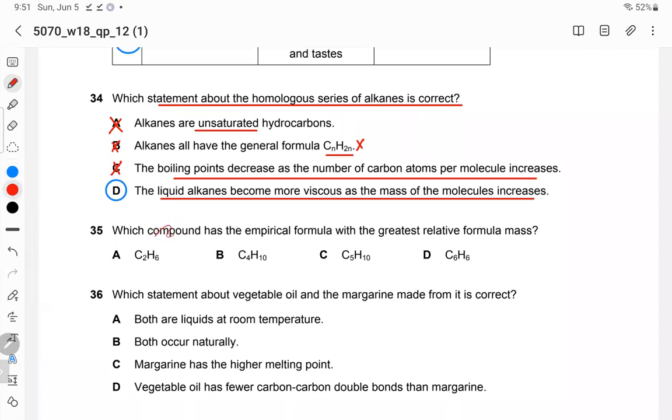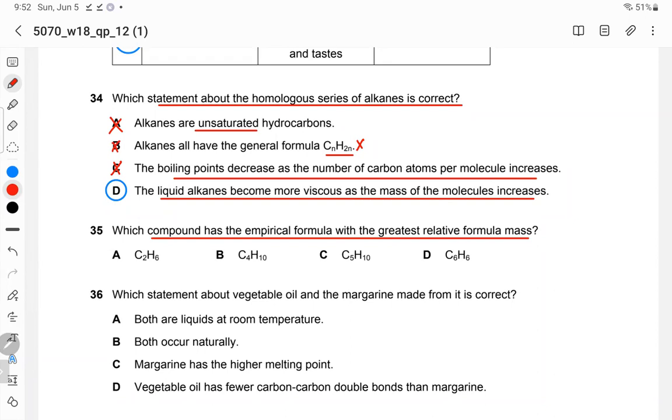Question 35. Which compound has the empirical formula with the greatest relative formula mass?